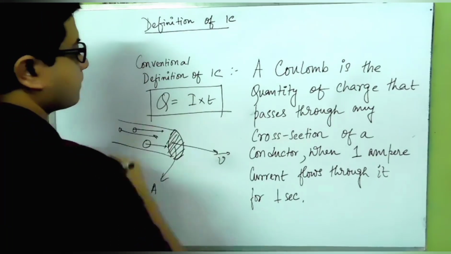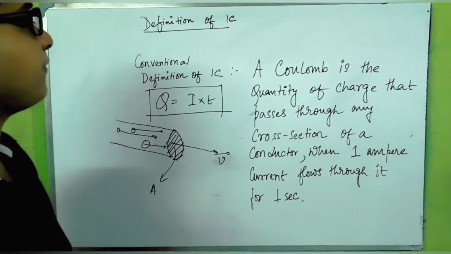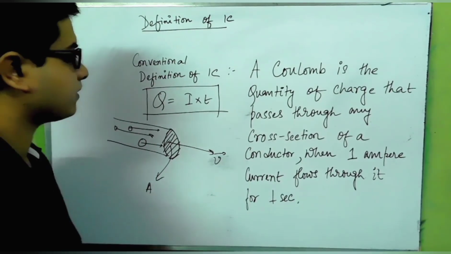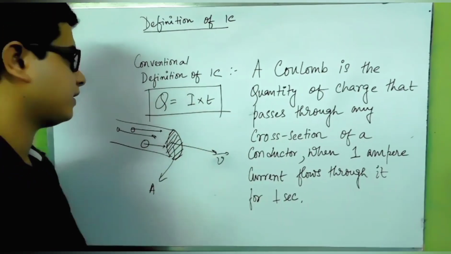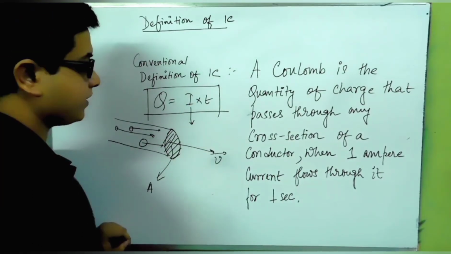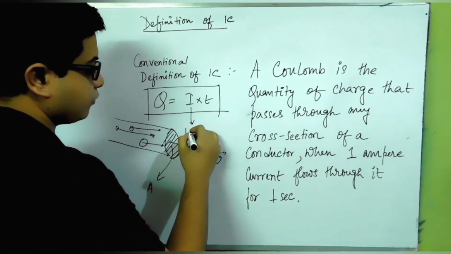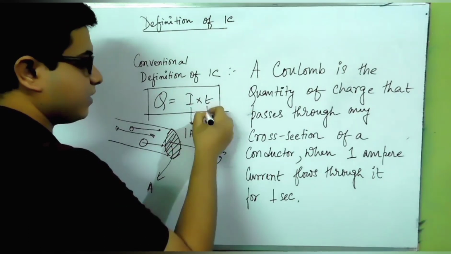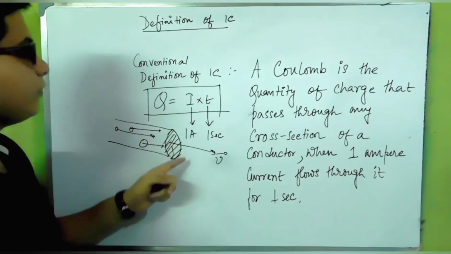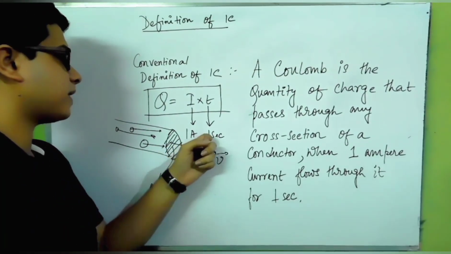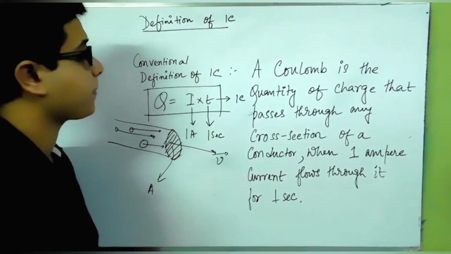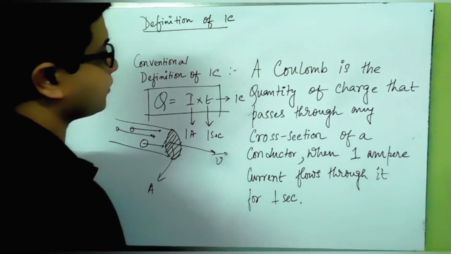We are going to explore this equation in a very detailed manner when we study current electricity, but for the time being consider this to be the governing equation of this definition. Here q is the charge and I is the current, which for this definition is 1 ampere, and time is 1 second. Therefore the equivalent charge for a current of 1 ampere passing for 1 second is going to be 1 Coulomb.